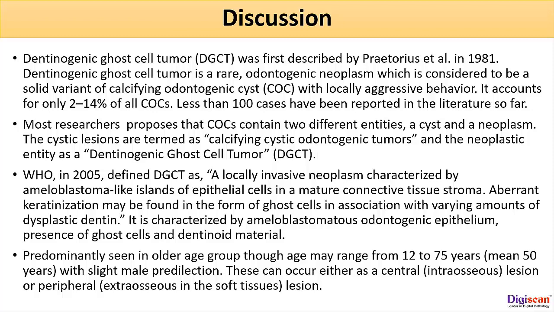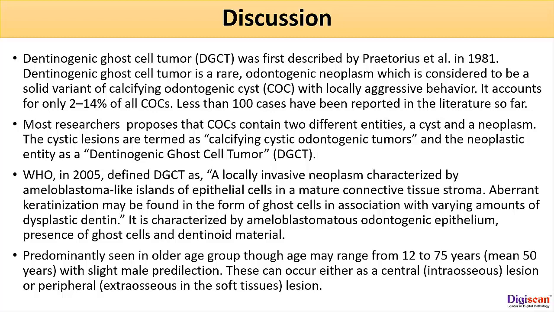Most researchers propose that calcifying odontogenic cysts contain two different entities, a cyst and a neoplasm. The cystic lesions are termed calcifying cystic odontogenic tumors, and the neoplastic entity is identified as dentinogenic ghost cell tumor.